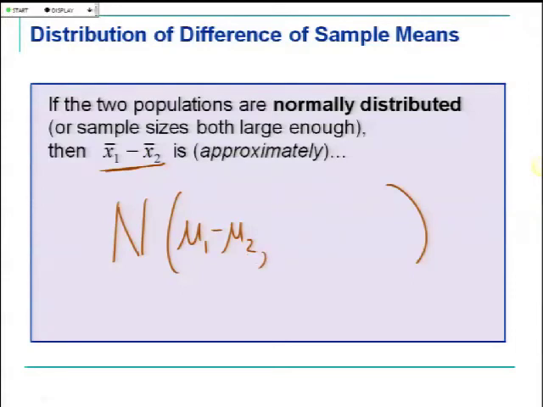And now I need that standard deviation. The result says you have to work with the variances. So let's put the variances in first. The variance of the difference is the sum of the two variances. So I need the first variance. That's going to be a sigma squared over n. I'll put a little 1 there for coming from that first population and that first sample size from it. And then I need that other variance.